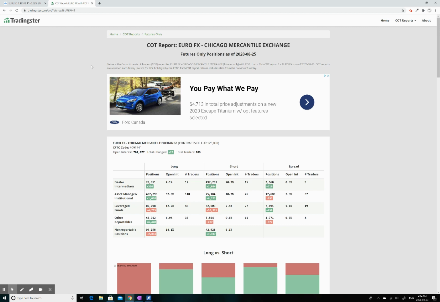Now, because this is so conflicting, like sometimes when you look at the COT Report, it'll be really black and white, meaning they would subtract 10,000 positions from short positions, and then they'd add long positions. That's not really happening right now. I think there's a lot of indecision happening here.